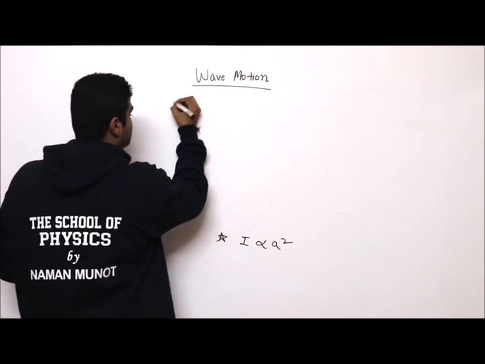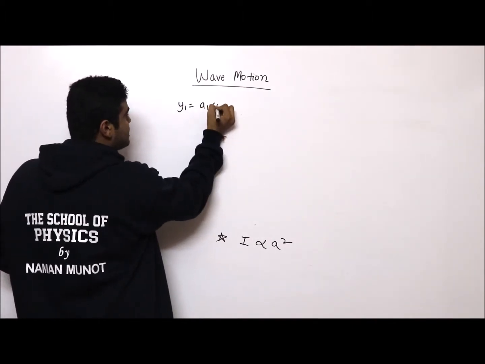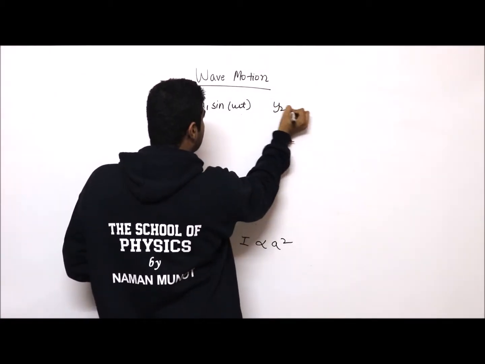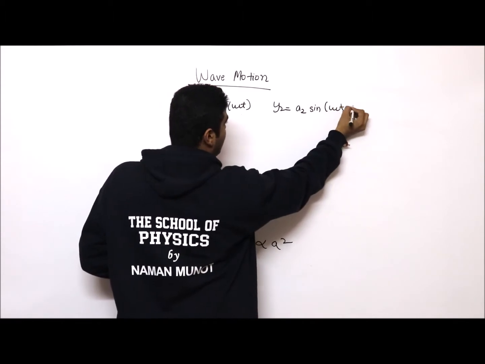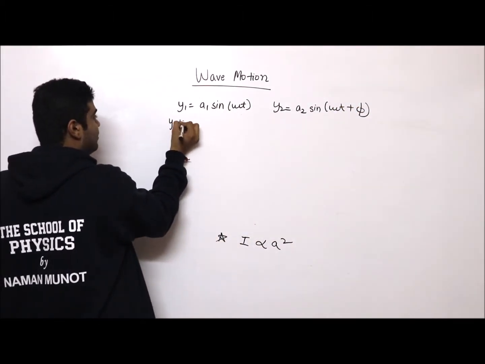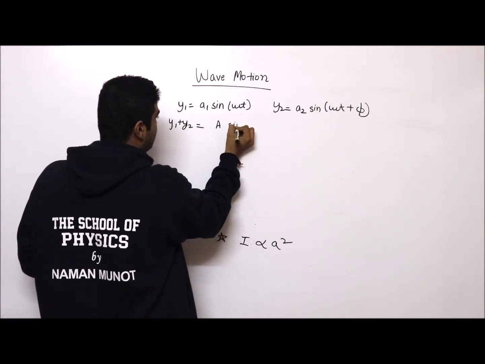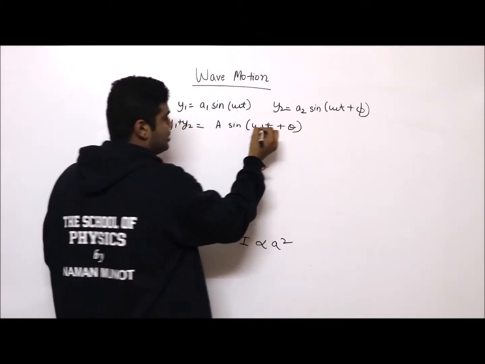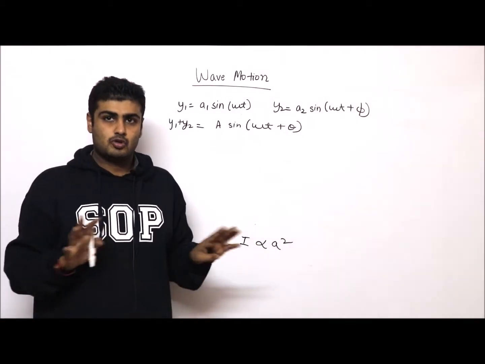So in superposition, suppose I have a wave y1 is equal to a1 sine omega t, and another y2 is equal to a2 sine omega t plus phi. Now superimposing both of them, y1 plus y2, suppose we get A sine omega t plus theta. There is no change in phase in superimposition.